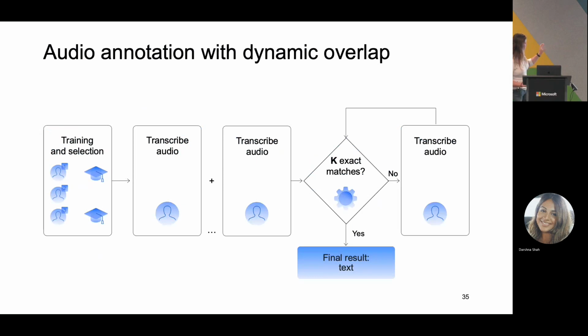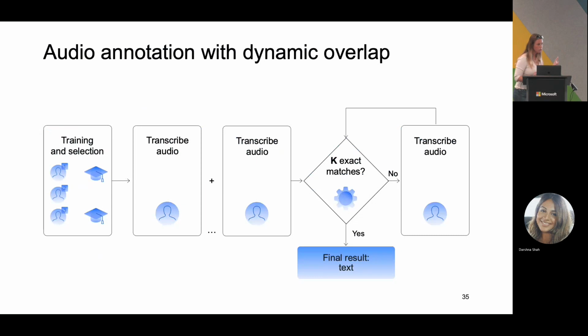So this is the more formalized pipeline where we have this training and selection. I could design it. And then I have different tasks, transcribe audio tasks, that I send to many people. And I decided that I want to get K exact matches. So actually my threshold could be pretty low.